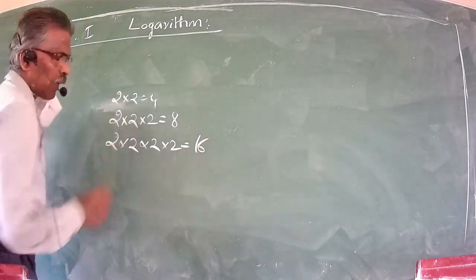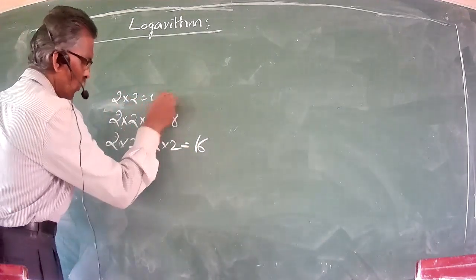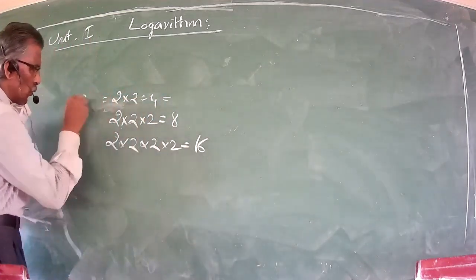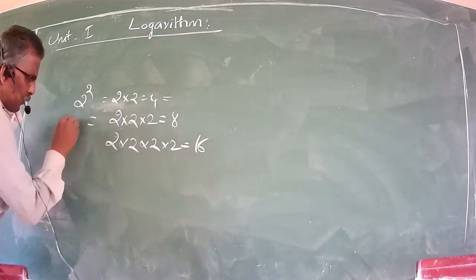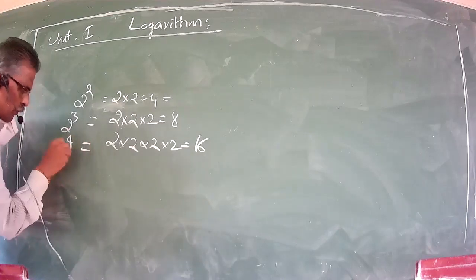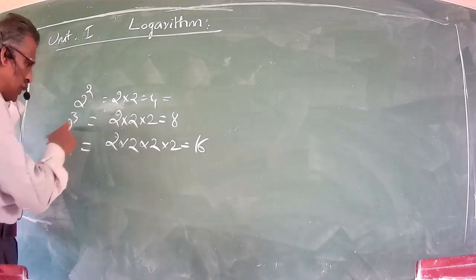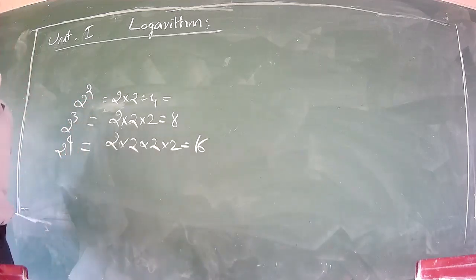I can write 2 into 2 as 2 square, this as 2 cube, and this as 2 raised to 4.